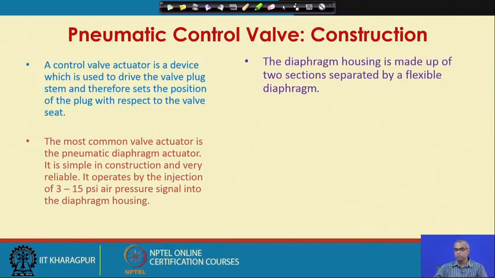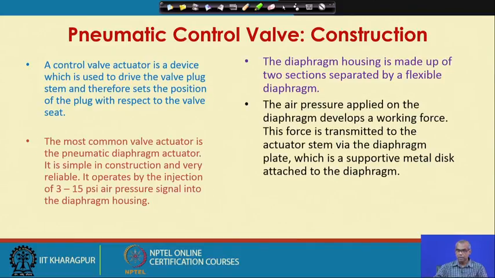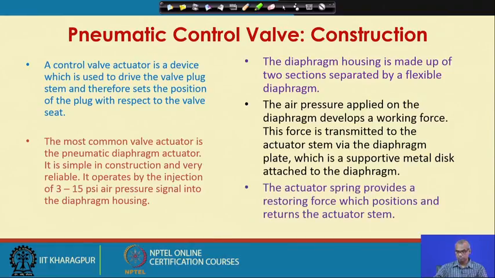The diaphragm housing is made up of two sections separated by a flexible diaphragm. The air pressure applied on the diaphragm develops a working force. This force is transmitted to the actuator stem via the diaphragm plate, which is a supportive metal disc attached to the diaphragm.